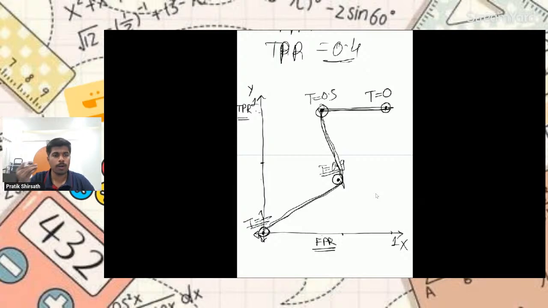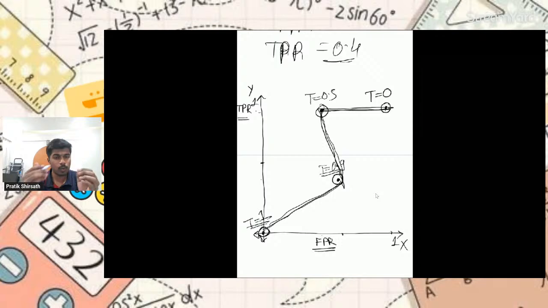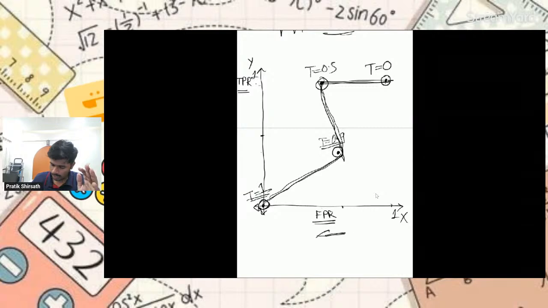Now, which is the important point that I need to focus upon, that will decide what my threshold will be. We will choose the point where my FPR is less and my TPR is higher. For this point, of course, it's not in the game, so remove it.